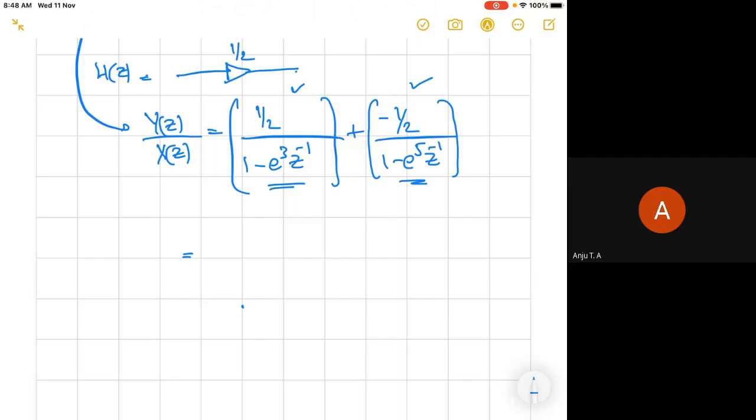To take LCM, this becomes e raised to 5, e raised to 3 minus e raised to 5.